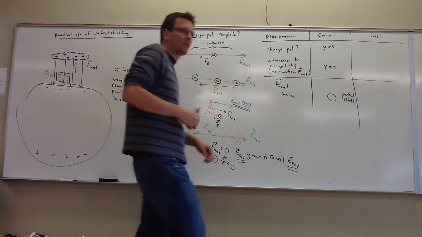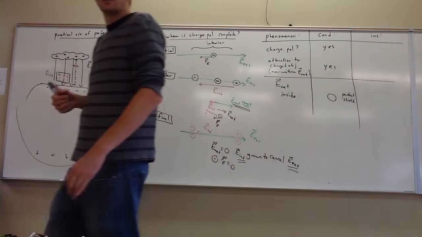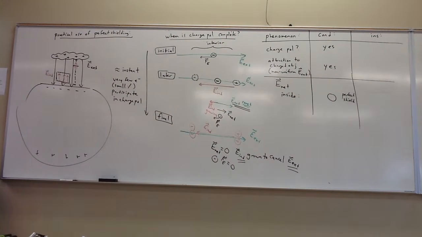Now, even though the electrons are flowing around the outside, the induced field will connect them and can go also into any cavities, like the one you're sitting in, right? And so how many electrons polarize? Well, enough so that E net is 0 in the interior. Perfect shielding.